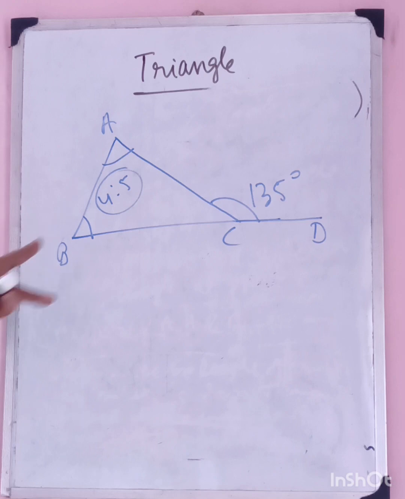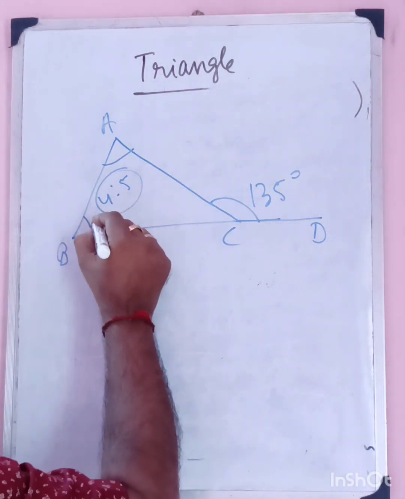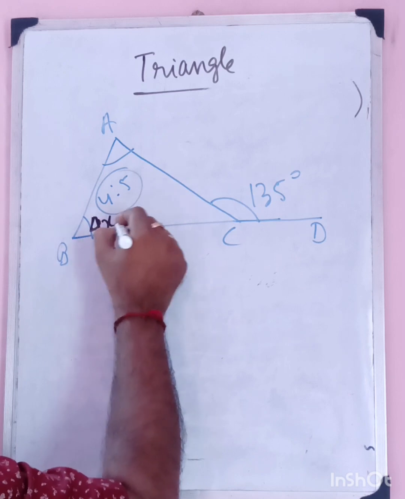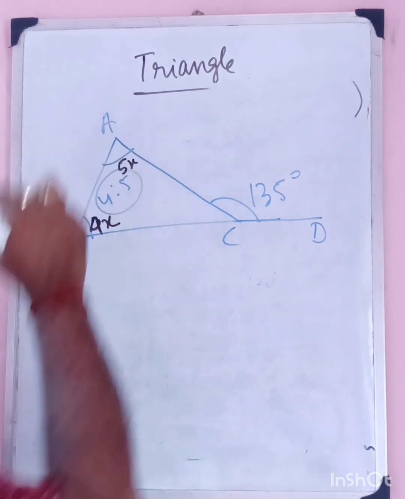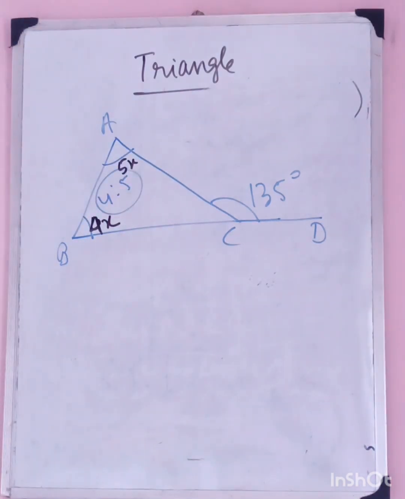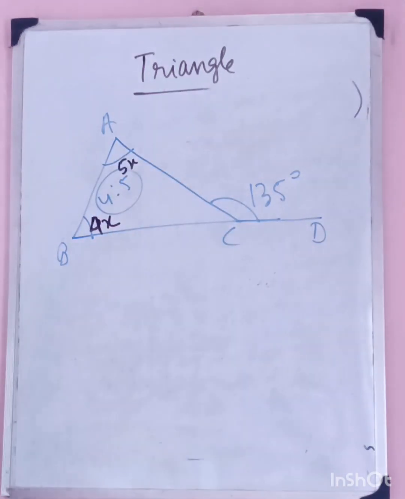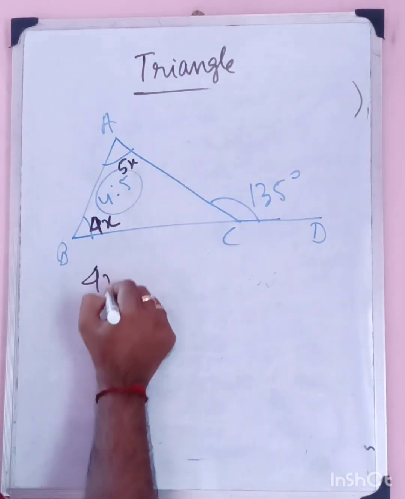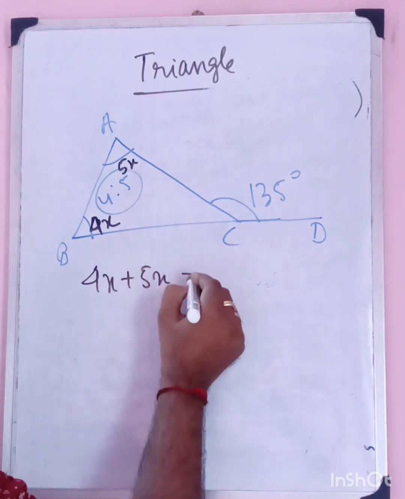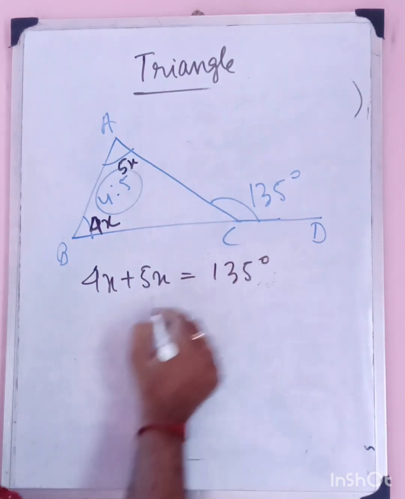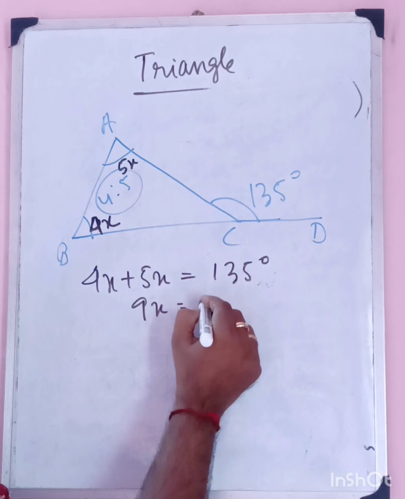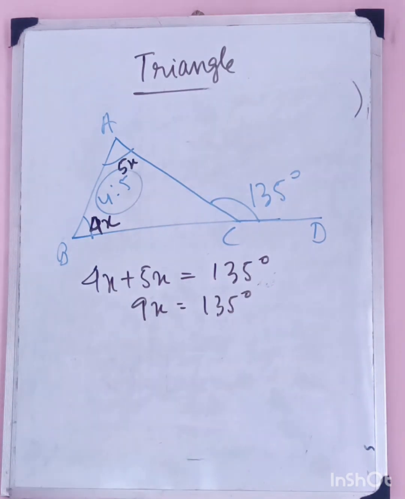So as the ratio is 4:5, you can just conclude that let us take this as 4x and this as 5x. Okay? The property is the exterior angle is equal to sum of two opposite interior angles. That is 4x plus 5x equals to 135 degree. 9x equals to 135 degree.